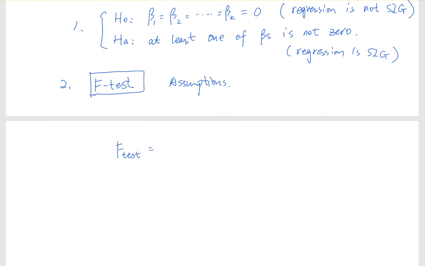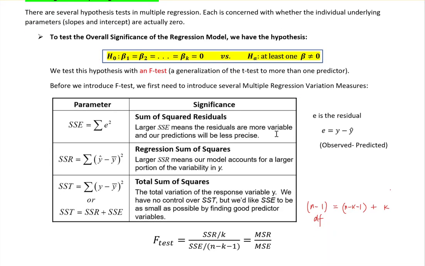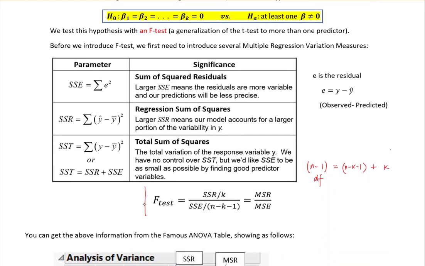Before we talk about the F-test statistic, we need to make an introduction about this table. To get the F-test statistic, this is the formula. The F-test statistic equals MSR divided by MSE.